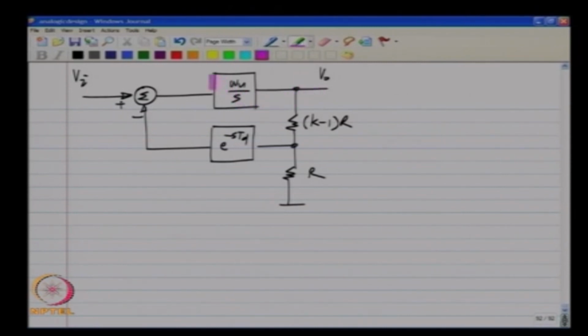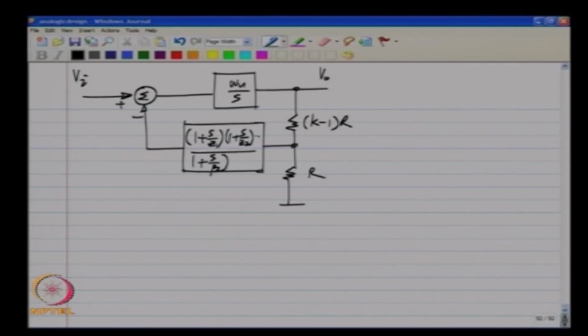Now, as I mentioned earlier, the poles and zeros come inside the realization of the integrator and in the divider and so on. But we can club the effect of all of that into poles and zeros in the feedback path. So, in general, in the feedback path we can have 1 plus S by Z1, 1 plus S by Z2 etcetera divided by 1 plus S by P1, P2 and similar other factors.